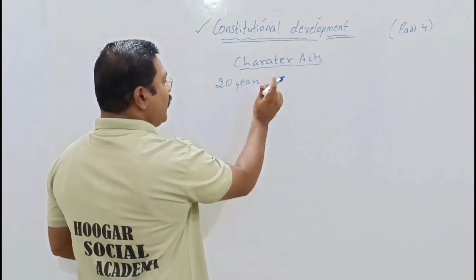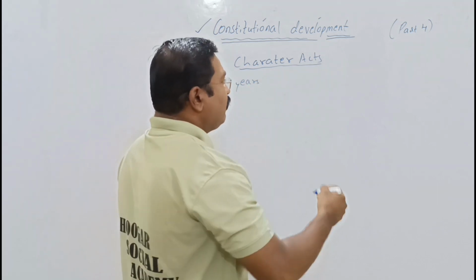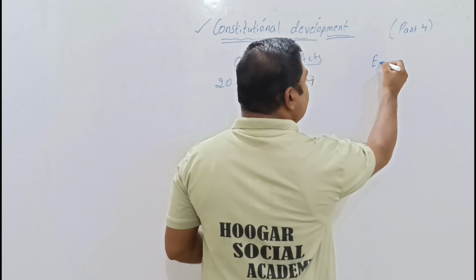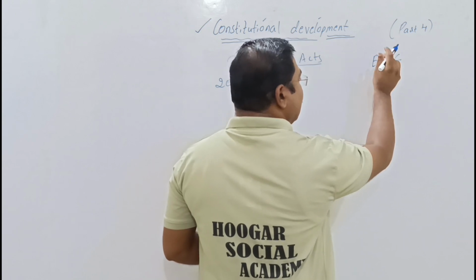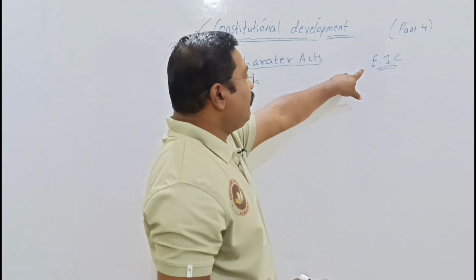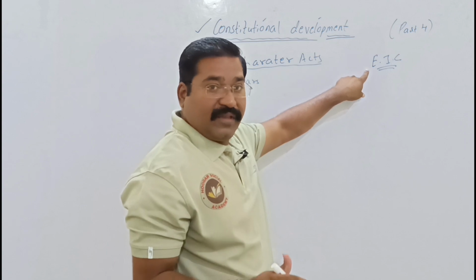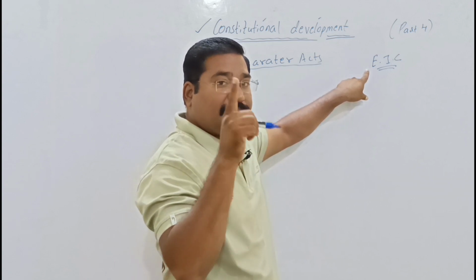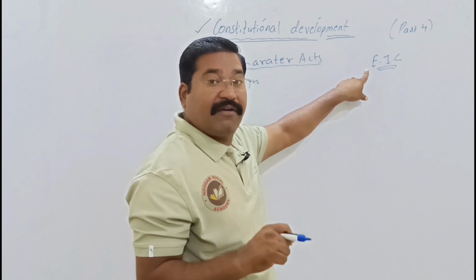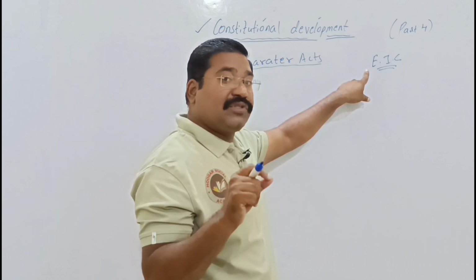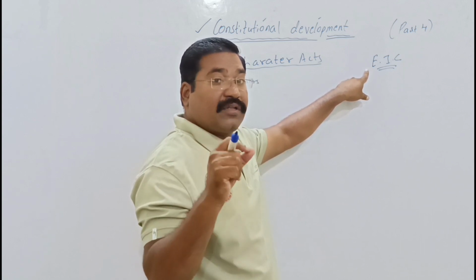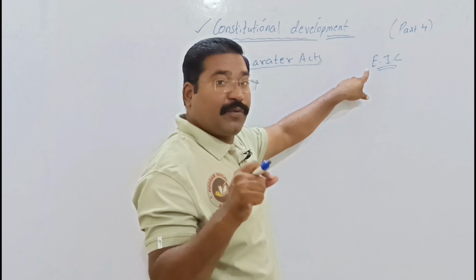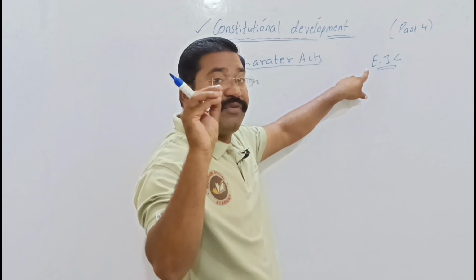This was the renewal of the East India Company's license, not of England. As we studied in our first history chapter, the advent of Europeans to India, the East India Company came to this country after taking the permission of the Queen for only 15 years.